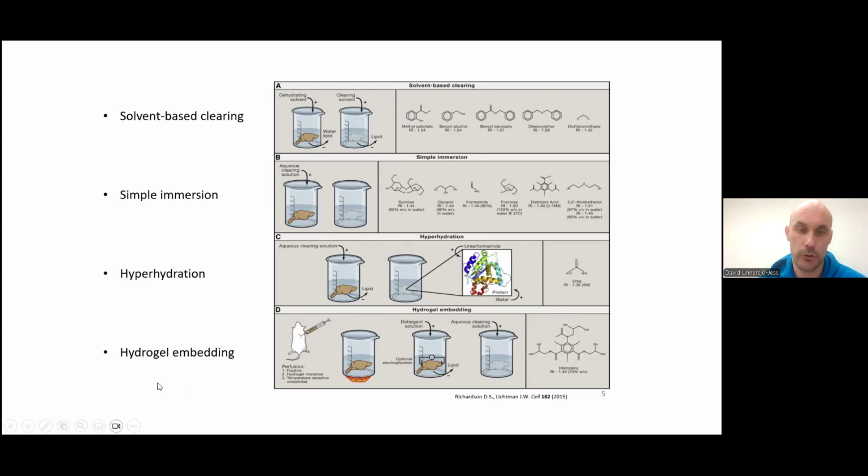So at least in the first original protocols, in order to keep the integrity of the sample, because this detergent is so harsh, you would then have to embed your sample in a hydrogel in order to link your proteins to the hydrogel to keep the integrity of the sample. So this, or sort of versions of these protocols, are the ones that I've been using in my research. So I will get back to this later.